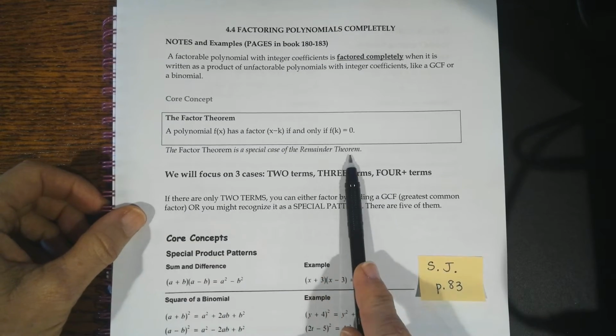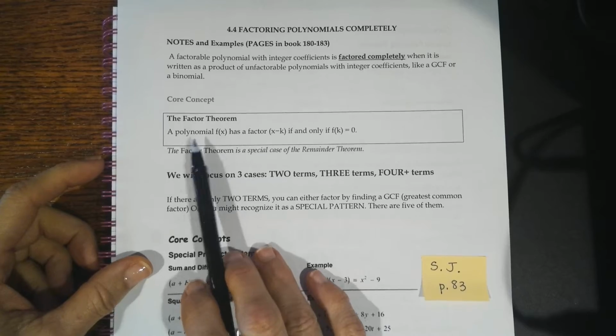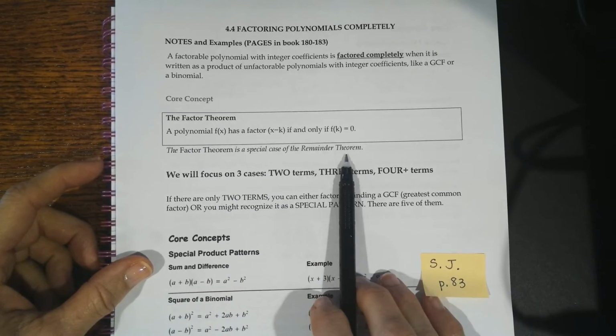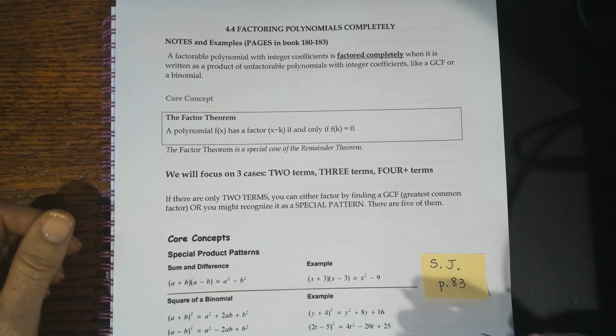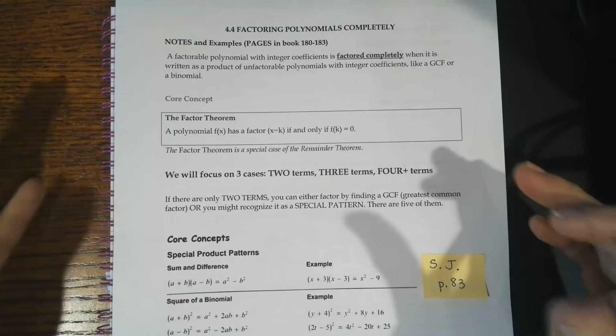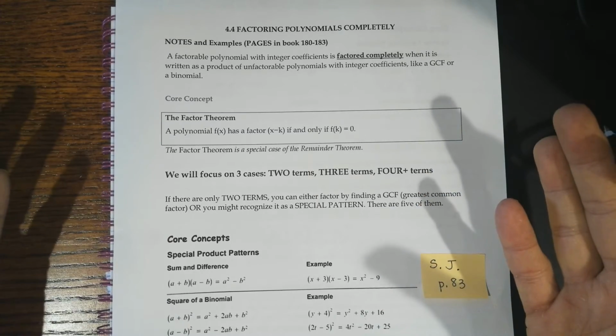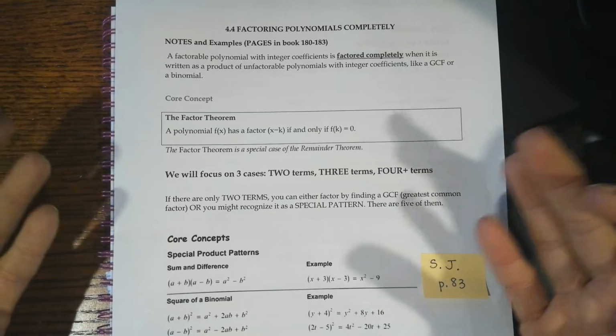This is a special case of the remainder theorem we went over last week in 4.3. So there's actually a number of different cases here, and you may ask yourself, how do I know how to factor? Well, look at how many terms you have.